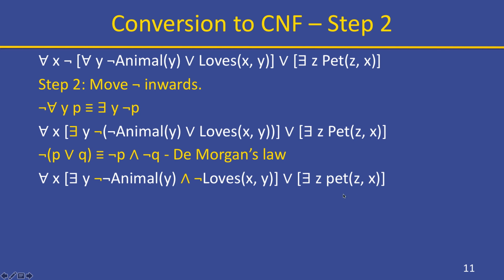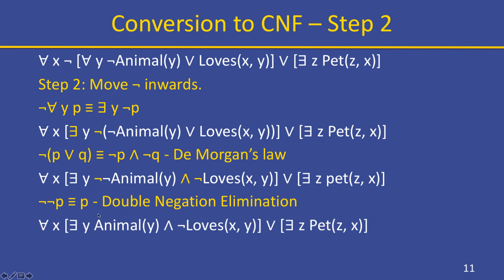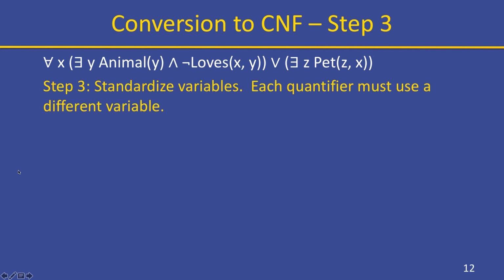And this part has not changed. And now not not animal is actually animal. We have a double negation elimination. So we end up with this sentence, for all x, (there exists y, animal y and not loves x y) or there exists z, pet z x. So we're still in step 2. We're not in CNF yet.